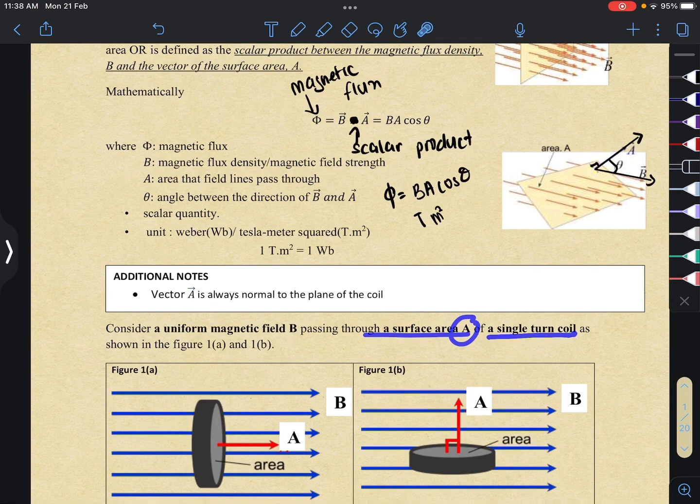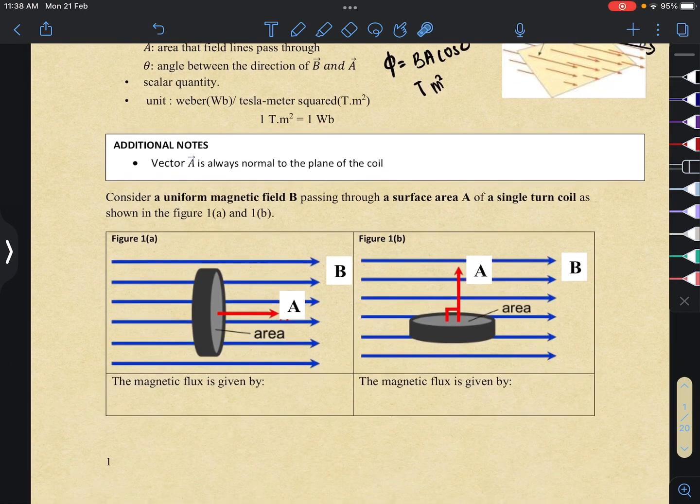Alright, so let us now consider a uniform magnetic field B passing through a surface area A of a single turn coil as shown in figure 1a and 1b. What we have here is a uniform magnetic field to the right, and we have our plane, which is perpendicular to the magnetic field. However, magnetic flux is given as BA cos theta.